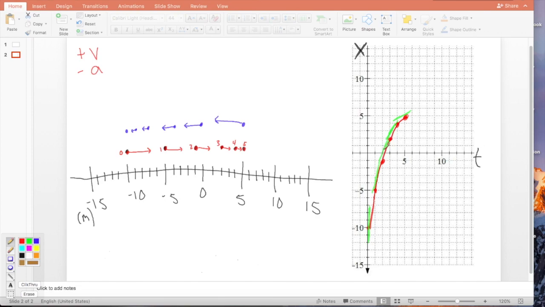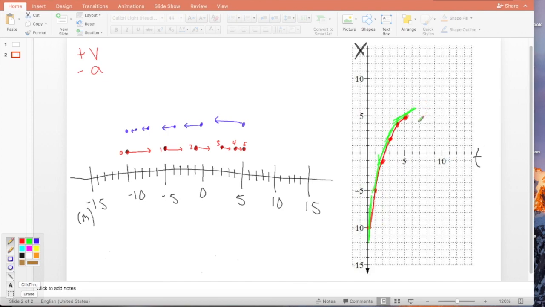So what does that tell you? Remember, what quantity are we concerned about that deals with the steepness of a line? The velocity. Well, the line is getting shallower and shallower. It started very steep. It ended quite shallow. So this object is slowing down.